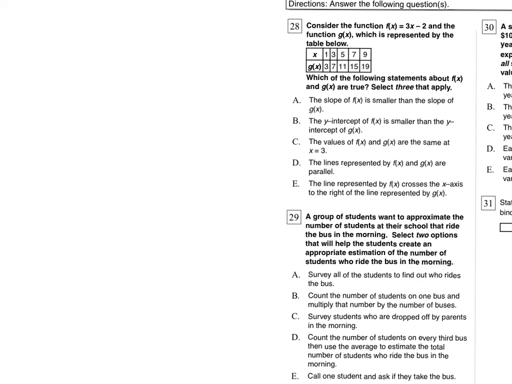All right, next up here, you're asking me to compare two functions. F of x is already in mx plus b form here. G of x is a table. So what I would do is translate this table into y equals mx plus b. I would find the slope between any 2 points.